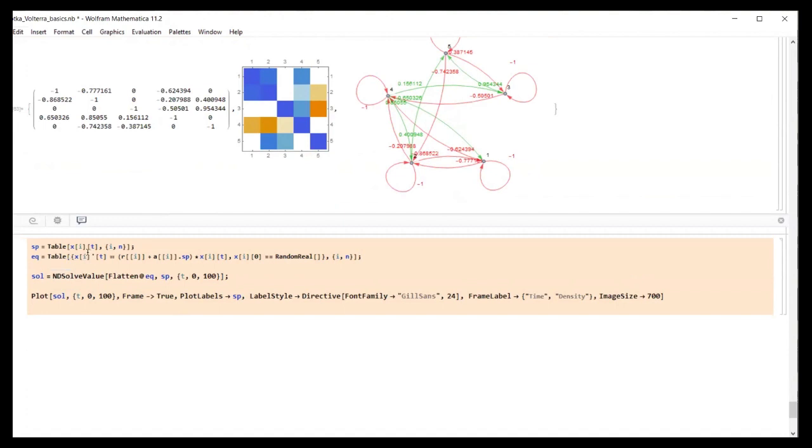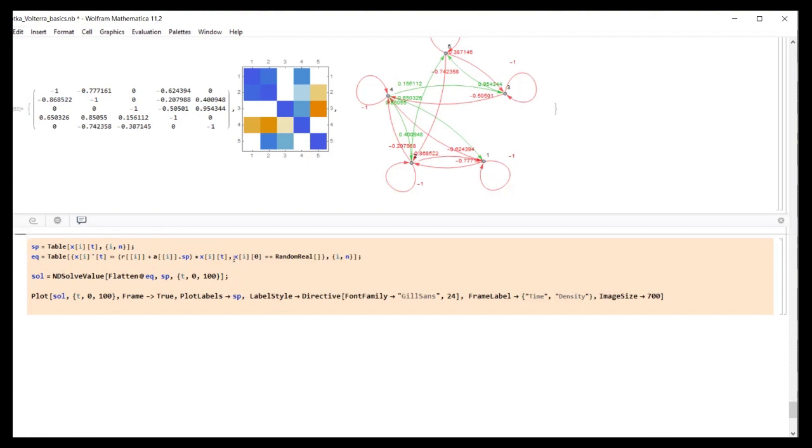So first you define the vector of the variables x, y, t, and after that you can define the vector of differential equations, where Ri is the replication rate, and Ai is the interaction matrix times the variable.